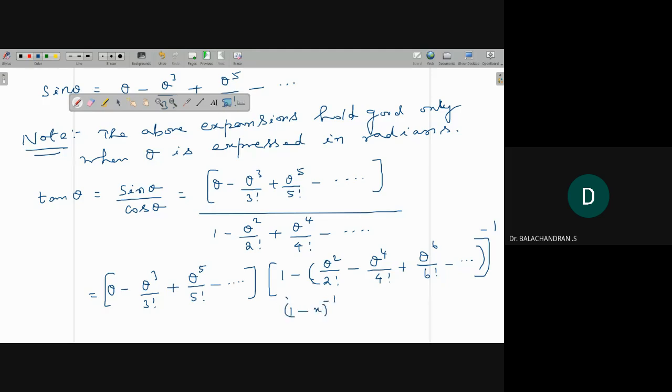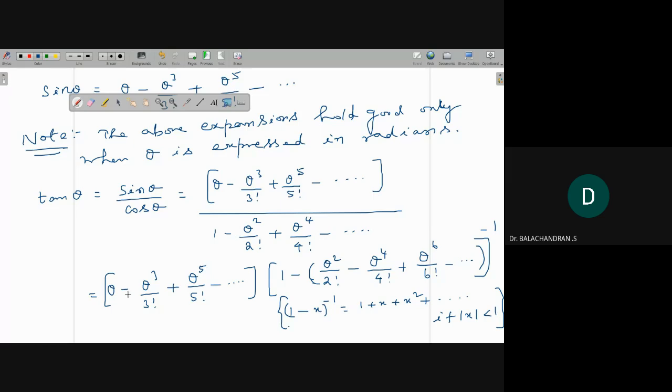Okay, 1 minus x, everything here is x. So 1 minus x whole power minus 1 is 1 plus x plus x square plus x cube and so on. This is true if mod x is less than 1.